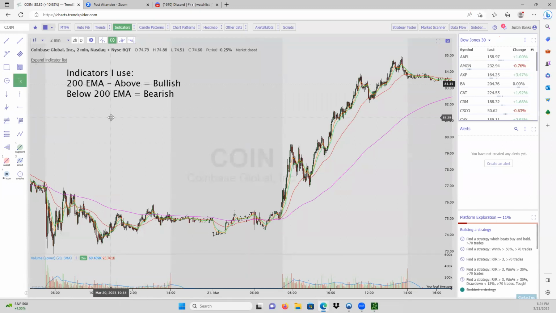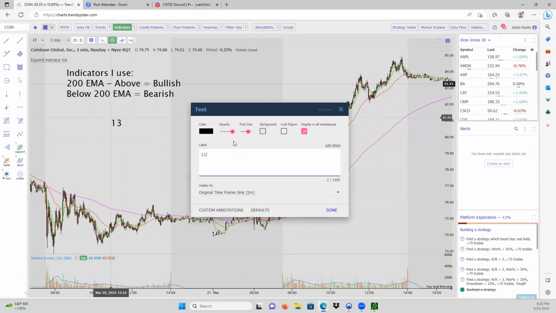And then the next indicators I use are going to be the 13 EMA and the 48 EMA. So if the 13 crosses up over the 48, that's going to go bullish, sorry.